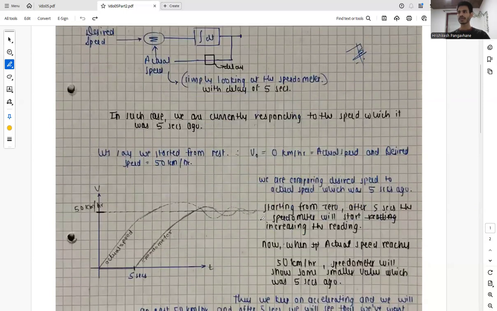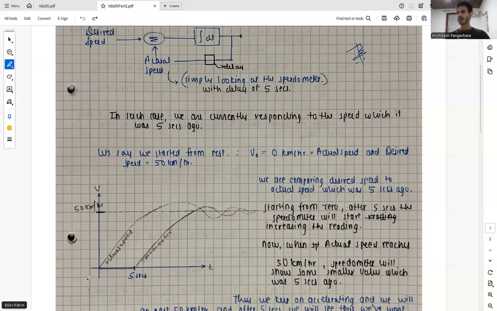So starting from zero, after 5 seconds the speedometer will start increasing its reading. In reality, our actual speed starts increasing from zero at time zero, but due to the delay, the speedometer will start showing the actual speed only after 5 seconds. Let's say this is our desired speed.